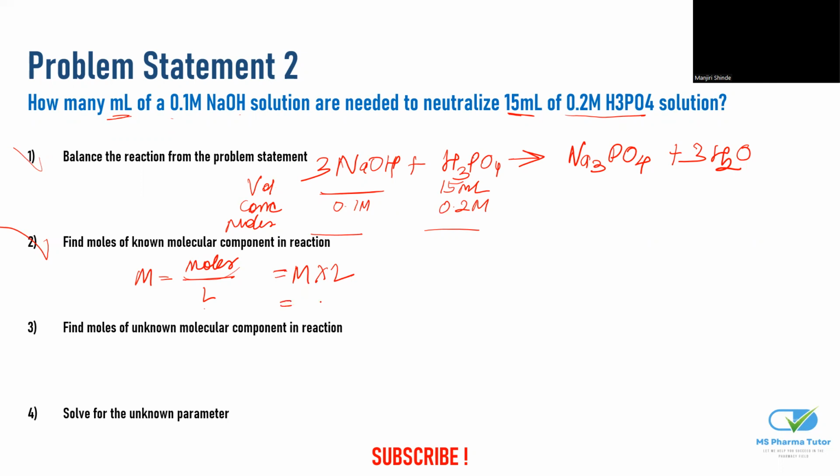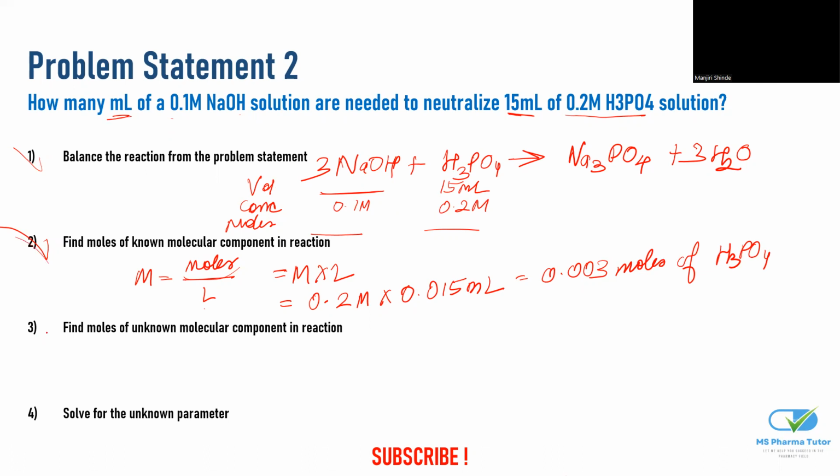Then concentration of the acid is 0.2 molar, and in liters it is 0.015, which in turn gives us 0.003 moles of H3PO4.